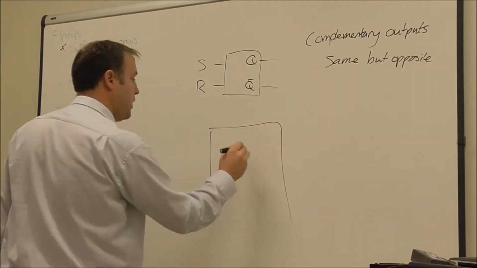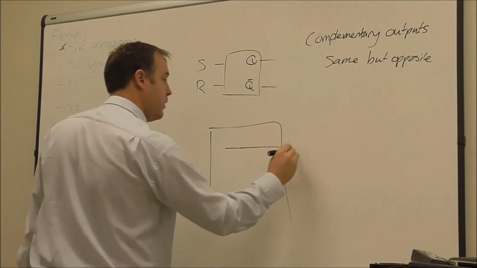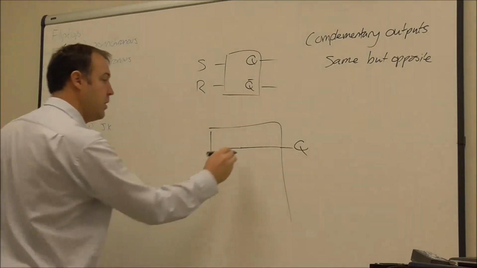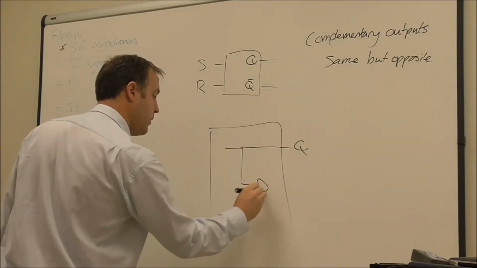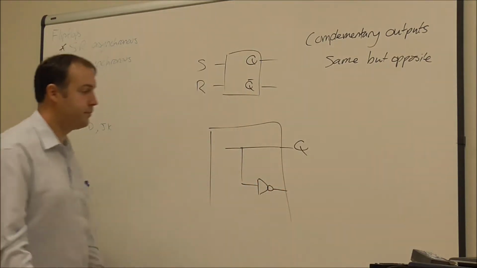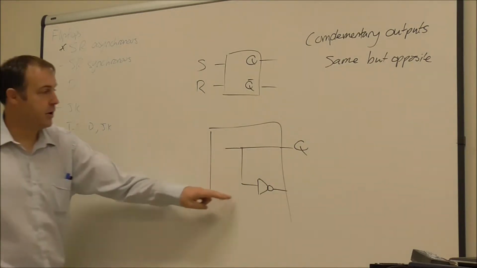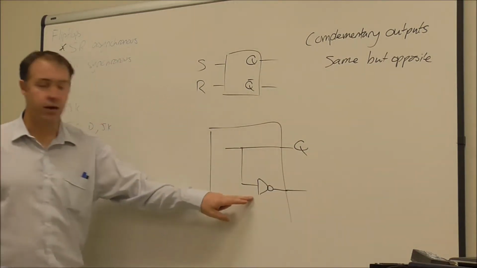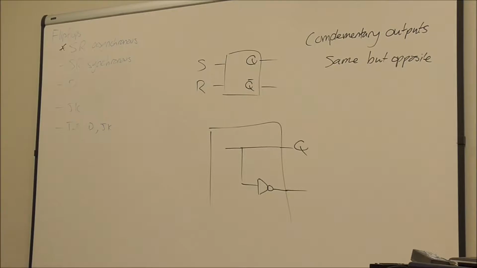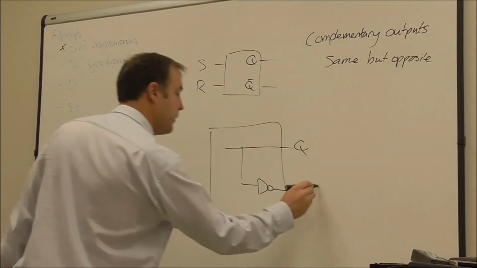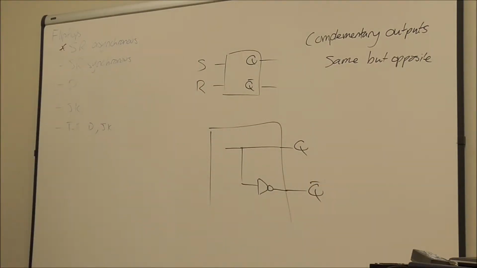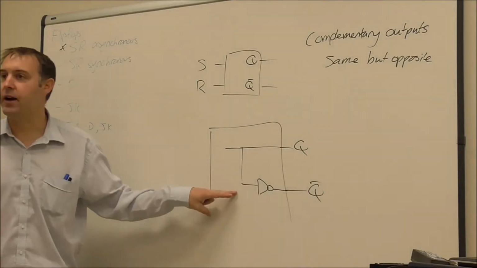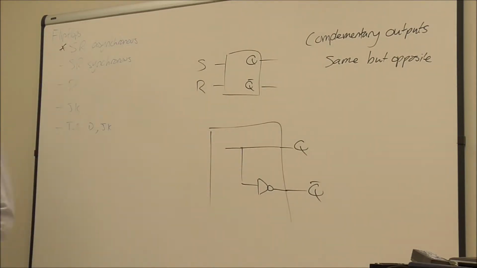We've got Q here, there's our output Q, and not Q is just simply the Q but with an inverted Q. So you've got Q and not Q, or Q bar. Internally that's kind of how you can think of it. It's not how it's wired, but it's effectively how it behaves.